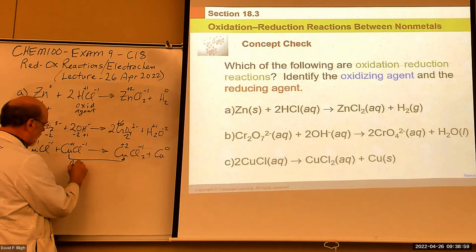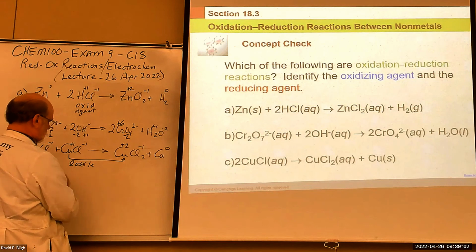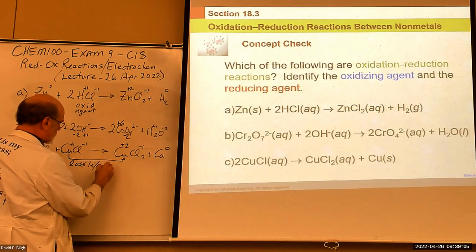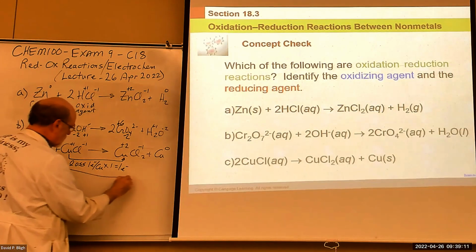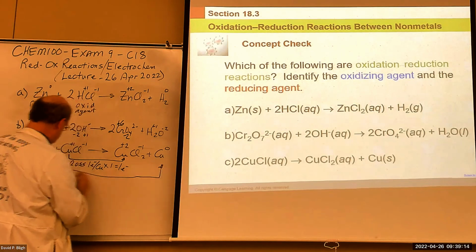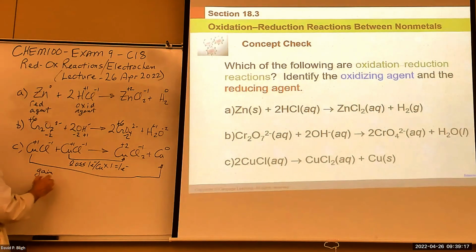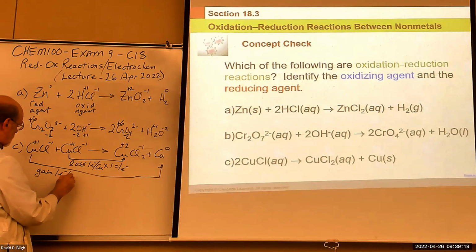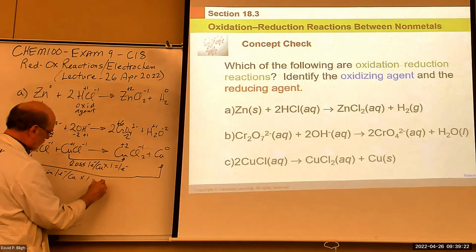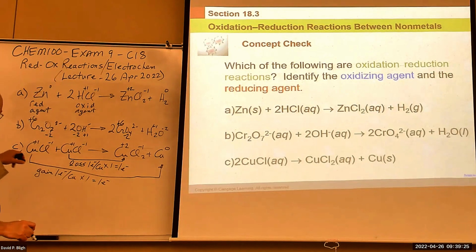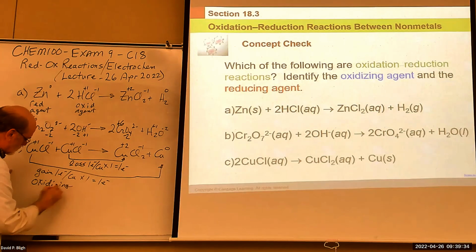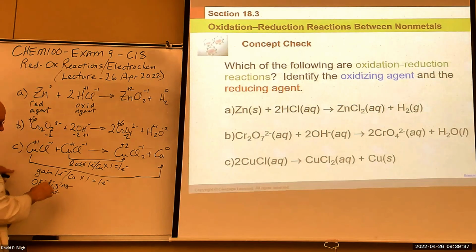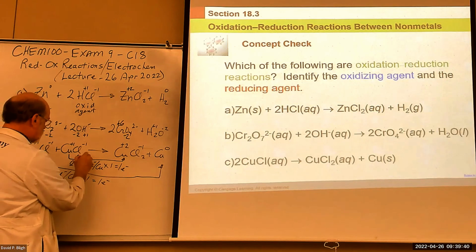It has a loss of 1 electron per copper times 1 equals 1 electron. This one has a gain of 1 electron per copper times 1 equals 1 electron. So the electrons balance. This one is reduced, which makes it the oxidizing agent. And that makes this one the reducing agent.